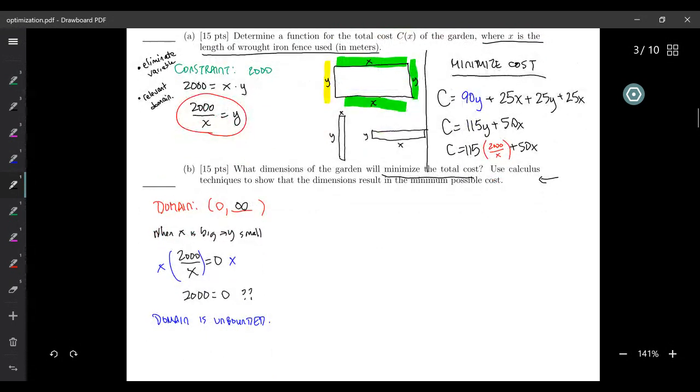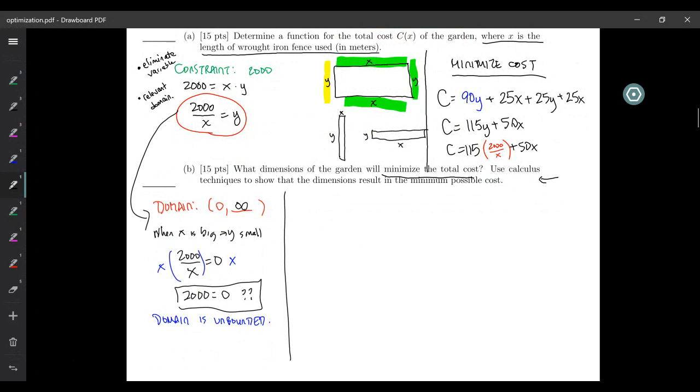So that's why my domain here is all positive real numbers. And again, anytime you see a nonsense equation when you deal with the constraint, that means that your domain is unbounded. All right, so now I'm ready to find critical points.